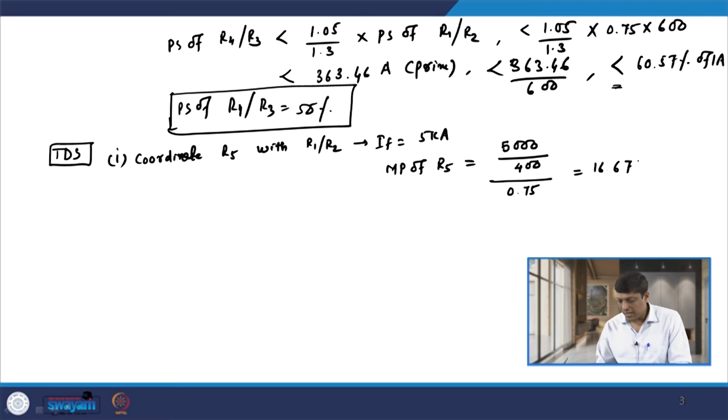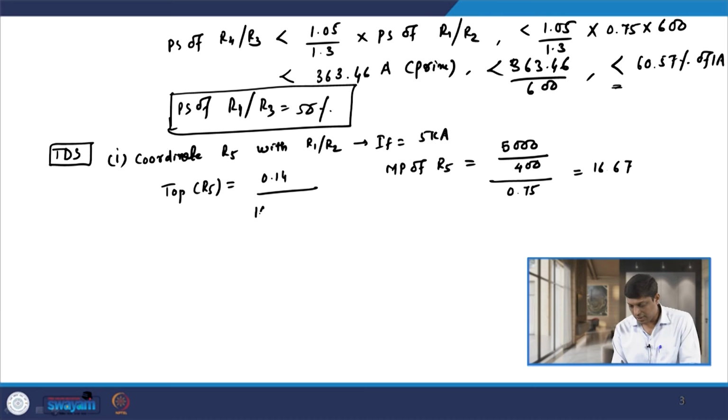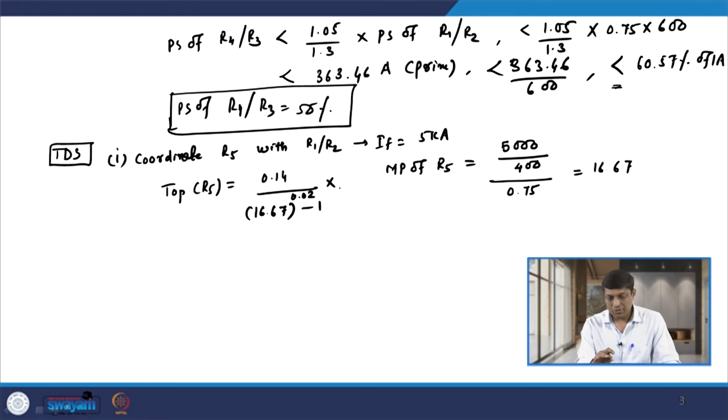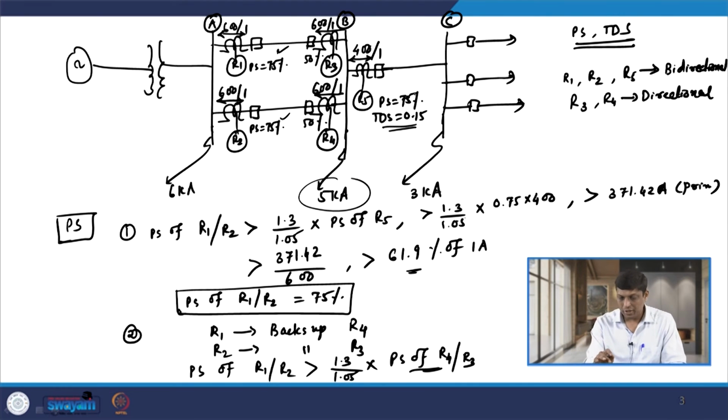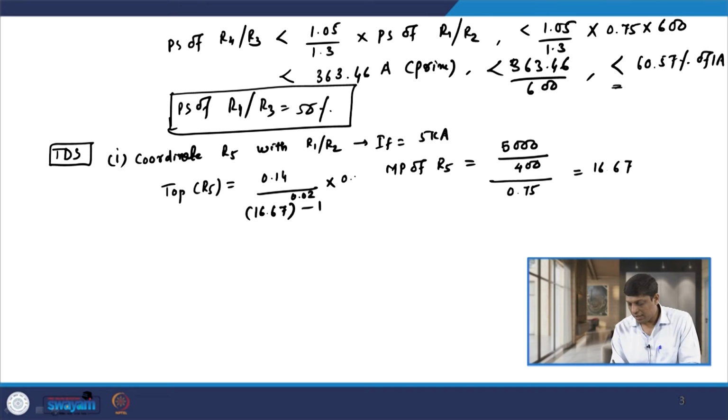If I use this value as MP of R5, then we can find the time of operation of relay R5, which is equal to 0.14 divided by MP, that is 16.67 raised to 0.02 minus 1, into TDS. TDS of R5 is given as 0.15. So I can put in the value 0.15. If you solve this value, it comes out to be 0.363 second.